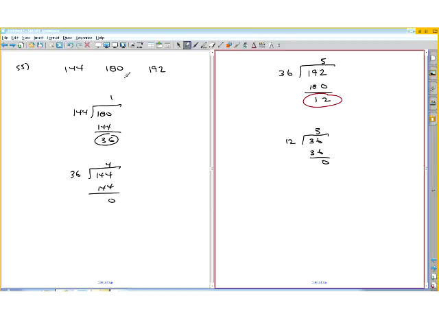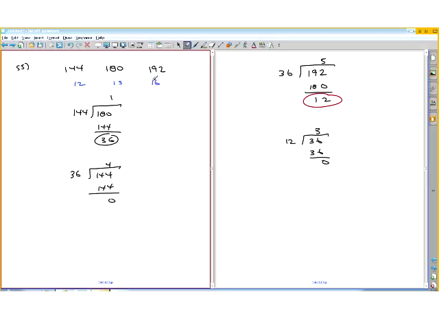So 12 is the common factor, because 36 doesn't divide into 192. So it has to be some number less than 36. If you take 144 divided by 12, you get 12. 180 divided by 12 is 15. And 192 divided by 12 is 16. So the result of dividing each one of those by 12 is 12, 15, and 16. Okay, so that's how that works.